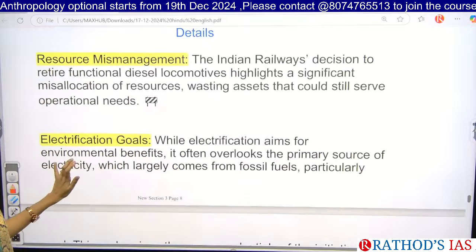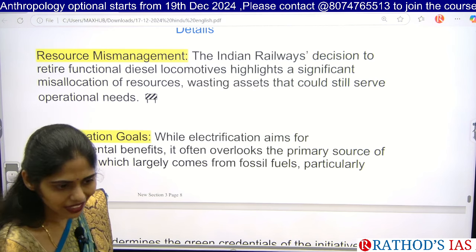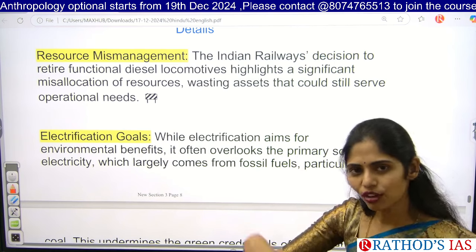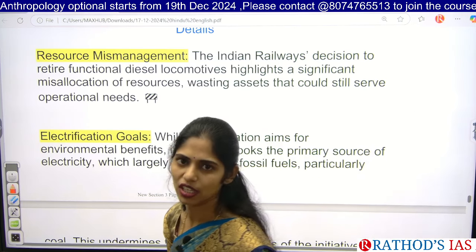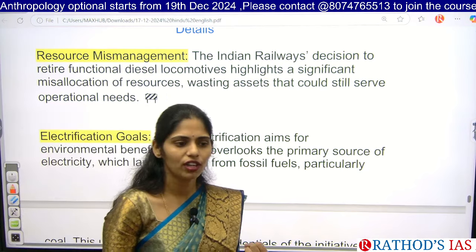And actually this article is saying that there is resource mismanagement. If we are not decreasing our reliance on coal, even if we are moving to 100% electrification, we will not be managing resources efficiently. To move from diesel towards 100% electrification, we need infrastructure.